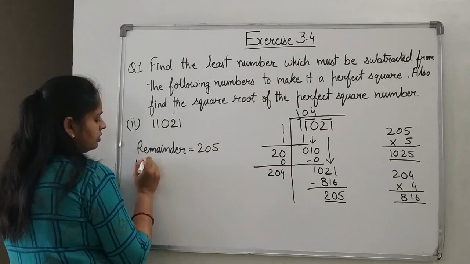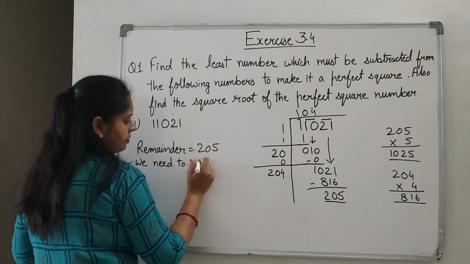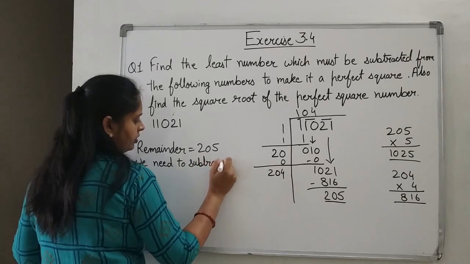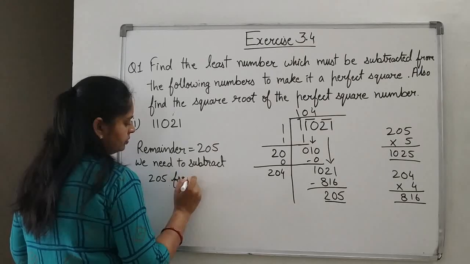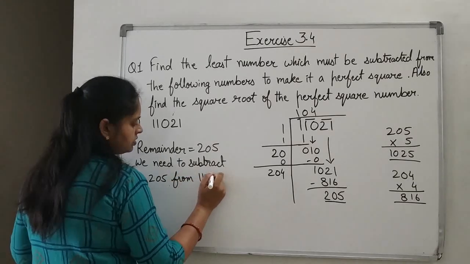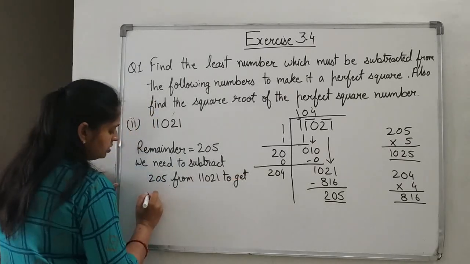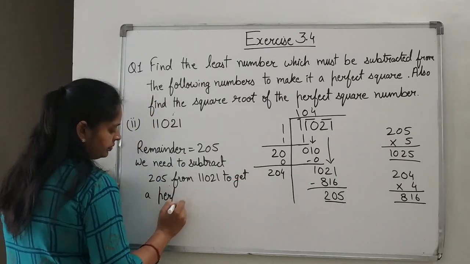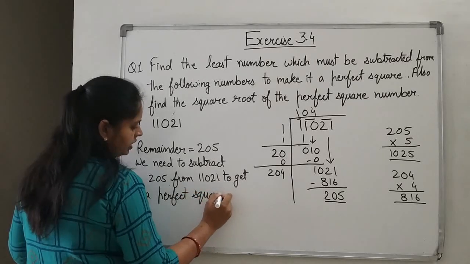So we need to subtract 205 from 11021 to get a perfect square number. So let's subtract it.